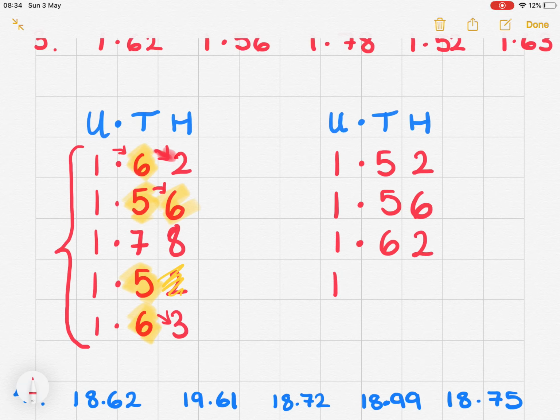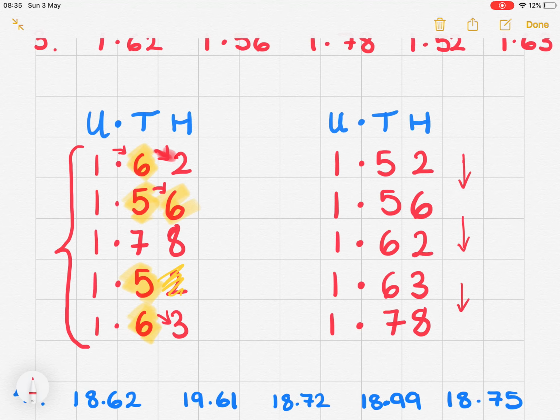And then my number after that is going to be 1.63. And then our last number that we're left with is 1.78. Now we've got our numbers in nice order, using the columns to help us figure out which number is the smallest and which number is the biggest.